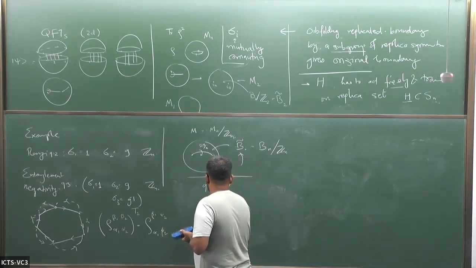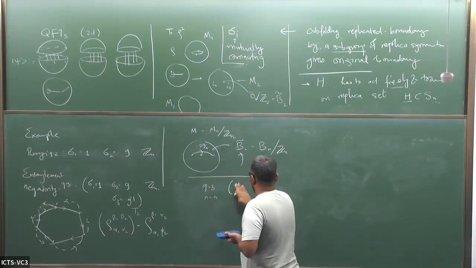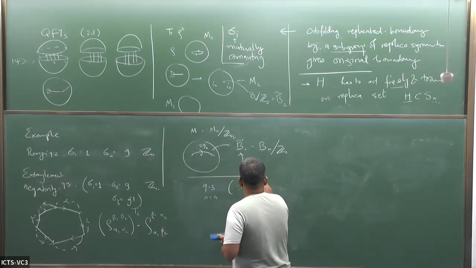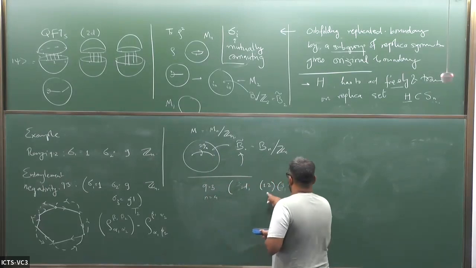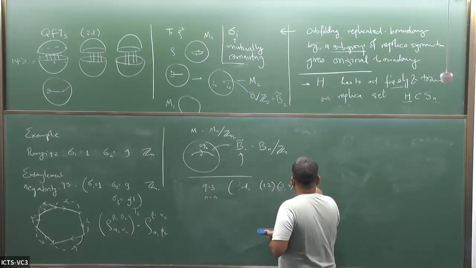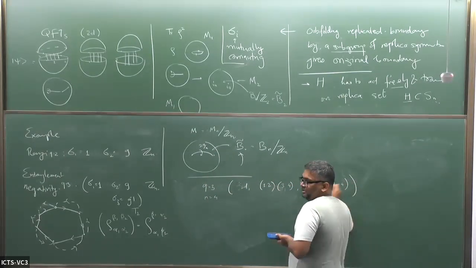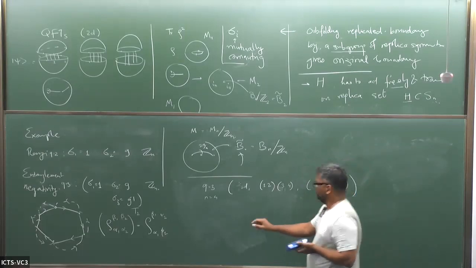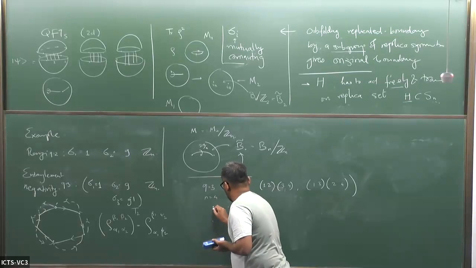And n equal to 4, and I will write down the explicit permutation elements. 1, so this is identity, and the other is a pair of transpositions, (1 2)(3 4), and this one is (1 3)(2 4). Okay, so you can think of them as the following contraction of density matrices.